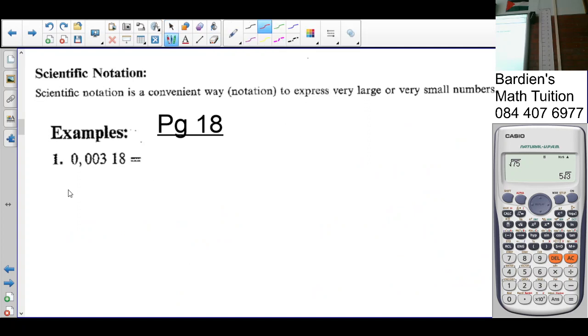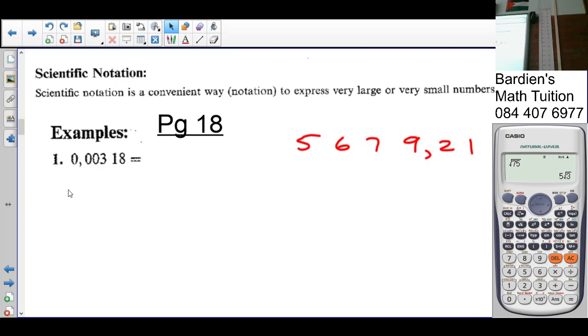Now what if you had 5,679,21? Write that in scientific notation. Who can do it? Try. Yes, that is important. Try.